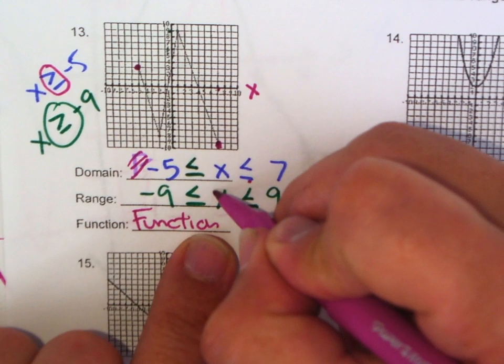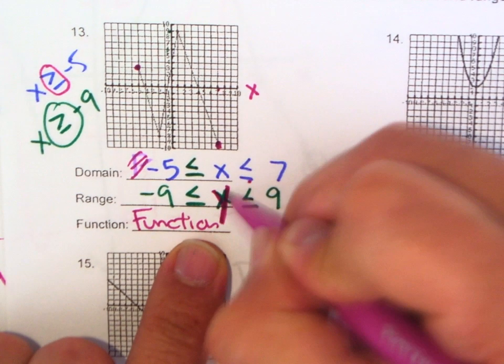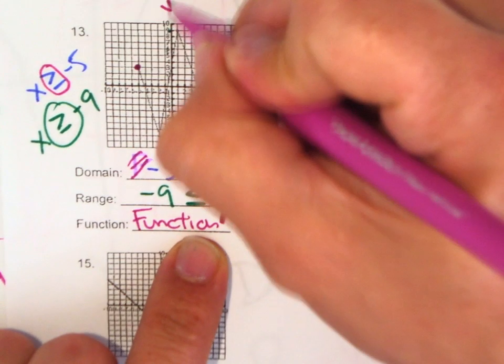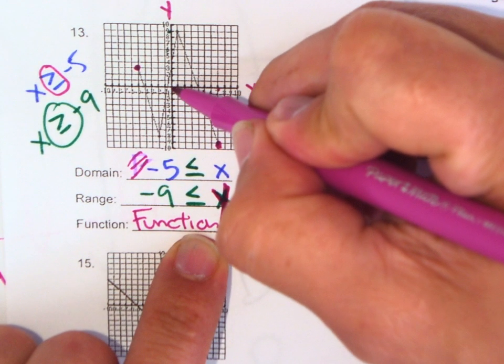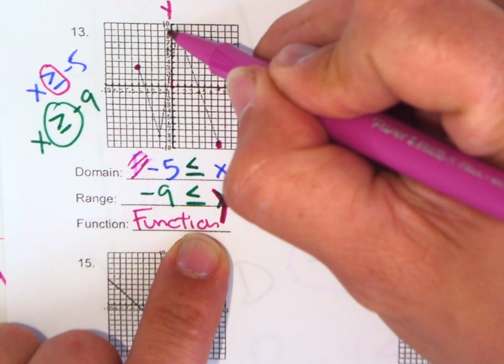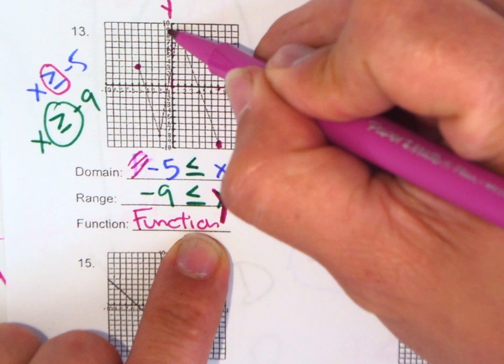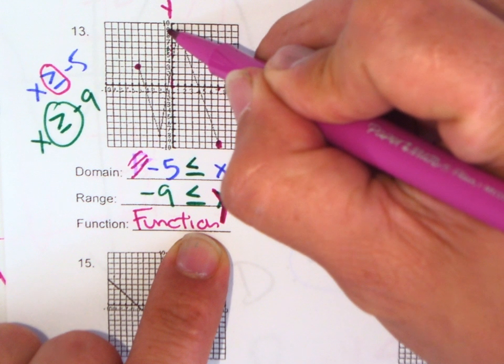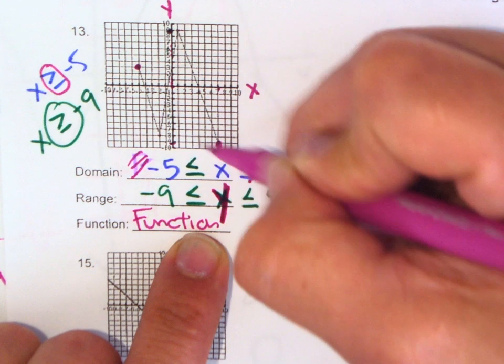Now this one, I made a mistake right here. This should be y, because that's your range. The range is a y. So you can start from here, and then you go high. What's the maximum of y? Right here, so your y is 9. You're going to use 9, and the minimum is -9 right there.